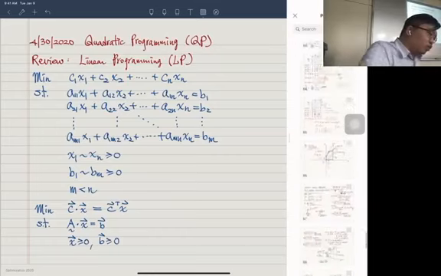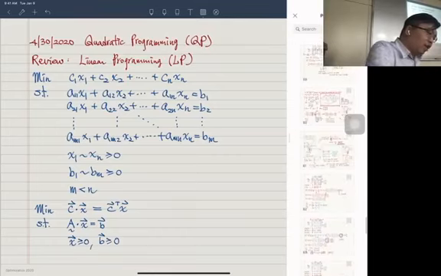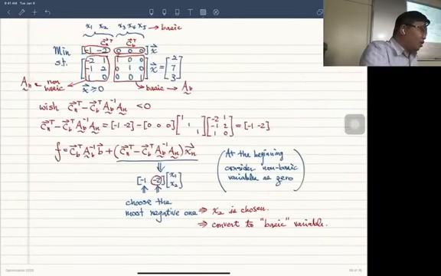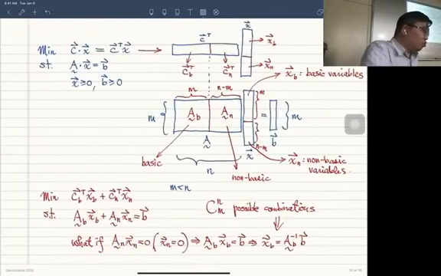So in order to solve linear programming, we introduced how we could separate the problem into two portions.